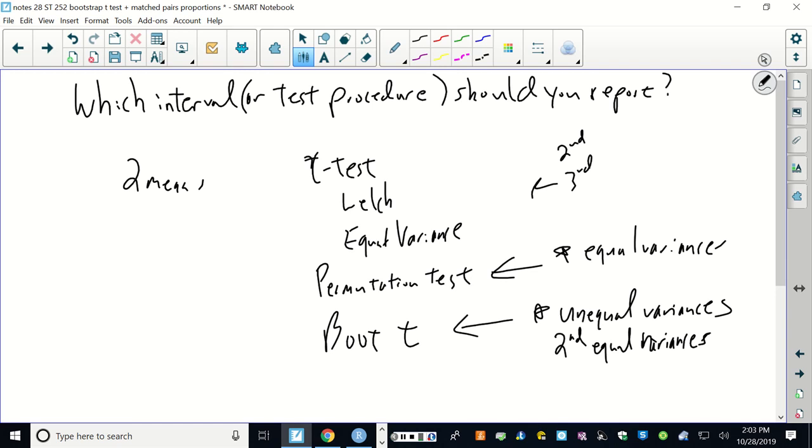Given the logic of how many analyses go, if possible, using the equal variance has some advantages. If you go on to analysis of variance and have multiple groups, there's an equal variance assumption built into that. If you go on to regression, there's often an equal variance assumption built into that.